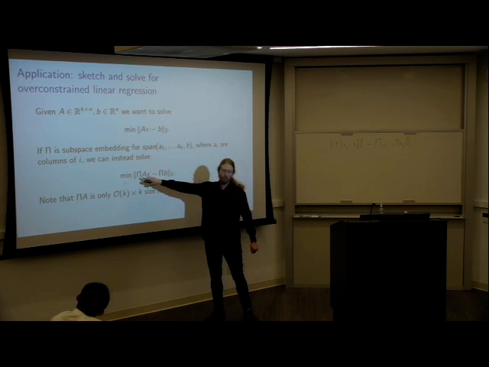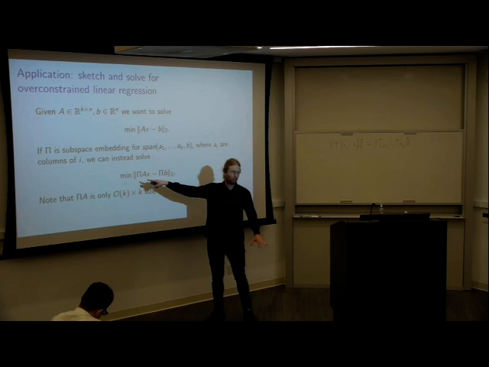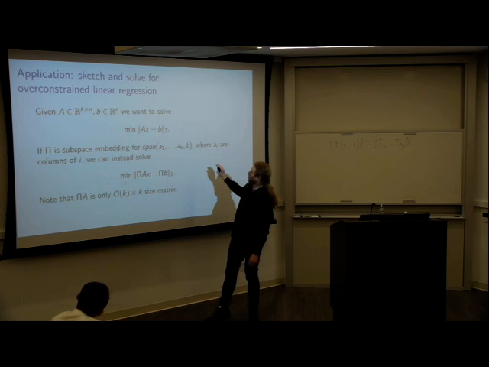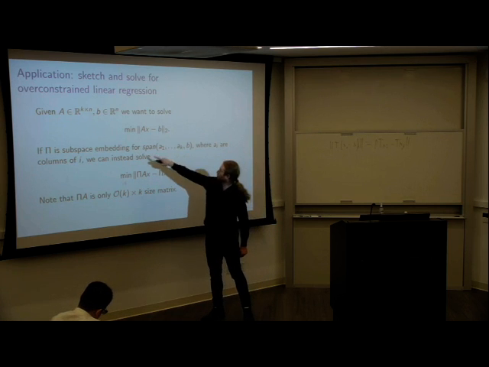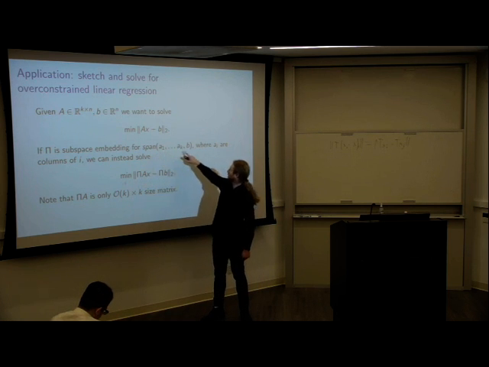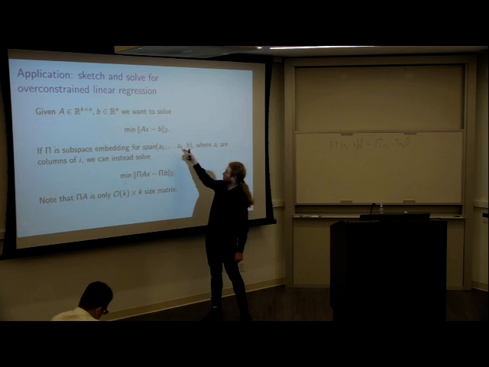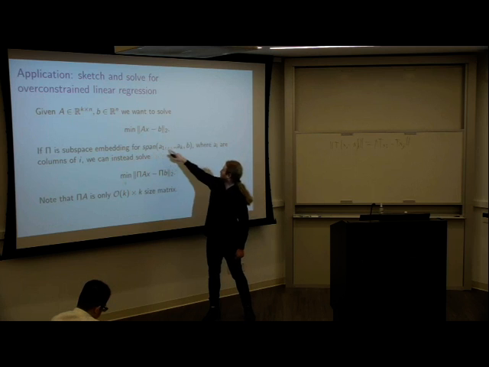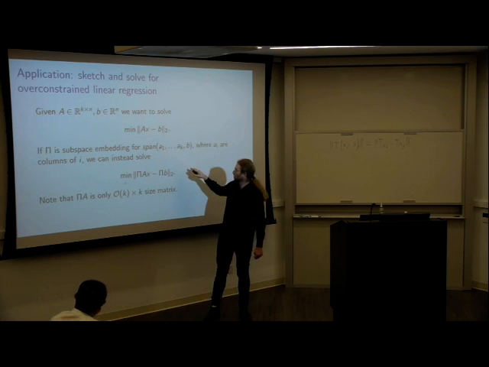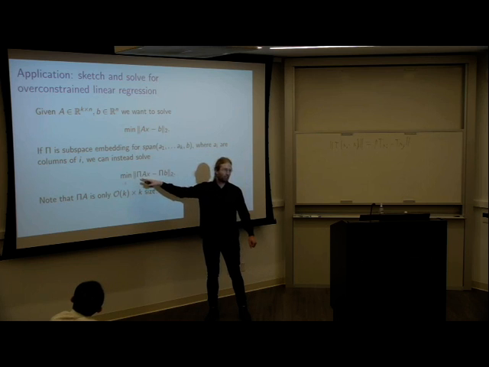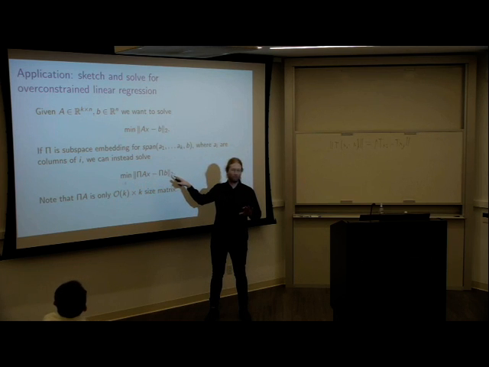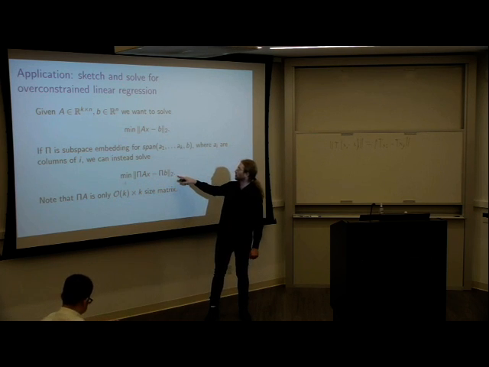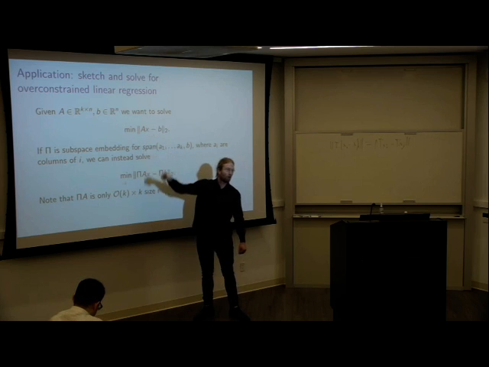In this regression problem, I'm going to have only order of k equations. What is not too difficult to show is that as soon as my sketch matrix Pi satisfies this subspace embedding condition for this linear subspace, then whatever solution I get for this smaller compressed version of my problem is actually already a decent solution for the original problem.